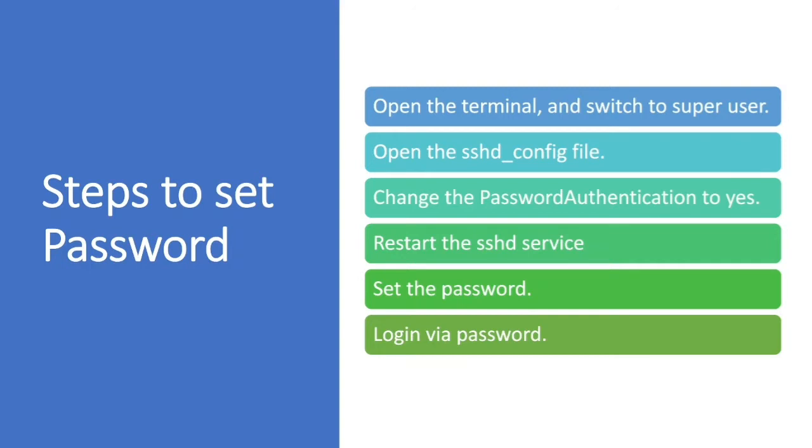After that, we have to restart the sshd service. We can set the password with the password setting command, and as soon as the password is set, we can log into our EC2 instance with that password. So let us move to our AWS Management Console and see how we can set the password.